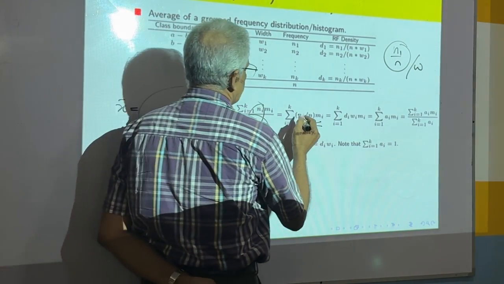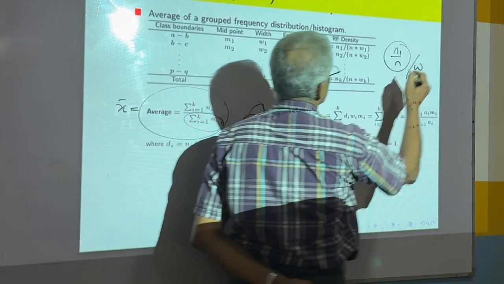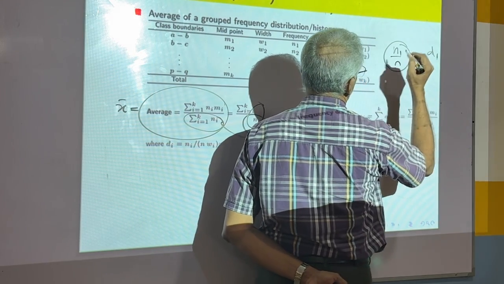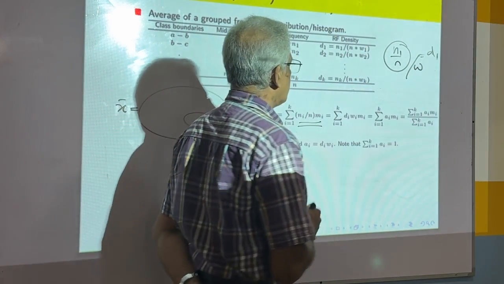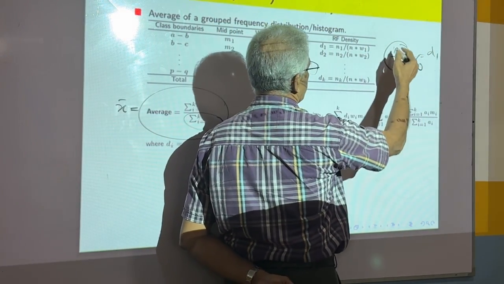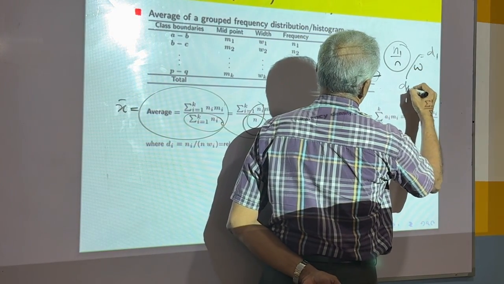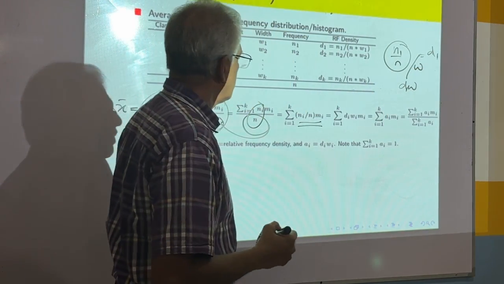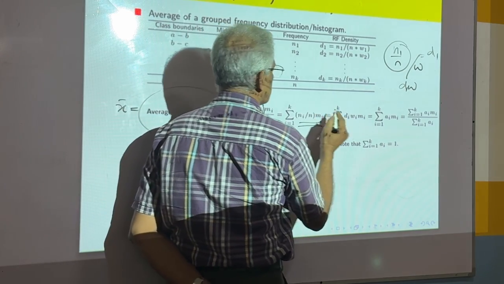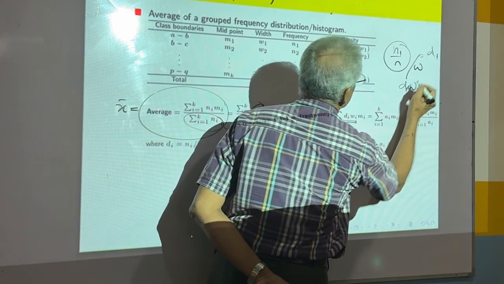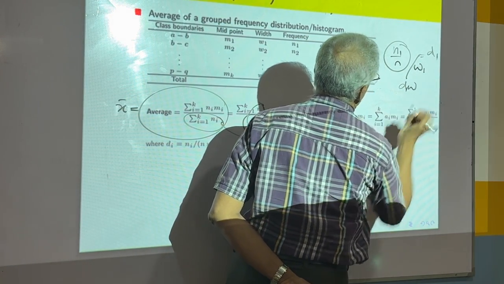And you can see that ni divided by n, for example n1 over n, times w is equal to d1. So n1 divided by n is equal to d1 times w. Therefore this can be represented, in this case, by d1 times w1, for example.